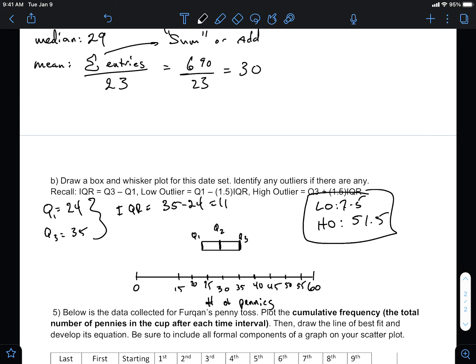So, something to think about. Go back to your data set. Do you have any values outside of those points, the high outlier and the low outlier? Do you have any data points that are bigger than 51.5 or smaller than 7.5? Yes or no?